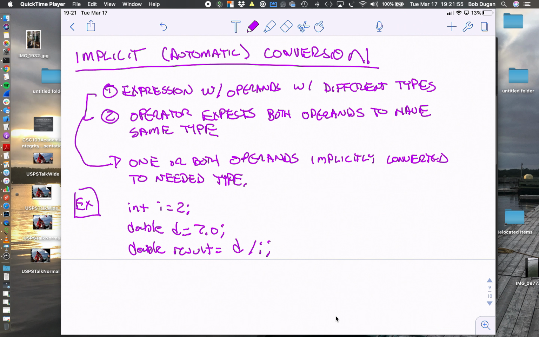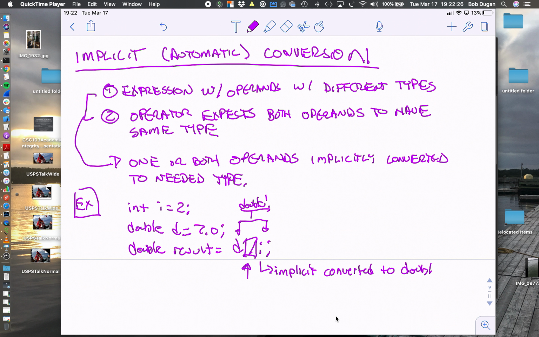So I have this situation where I've got a division operator, and the division operator expects that both operands are going to be doubles. That's what it expects. D is a double, but i is not. So what happens to i is it gets implicitly converted to a double.